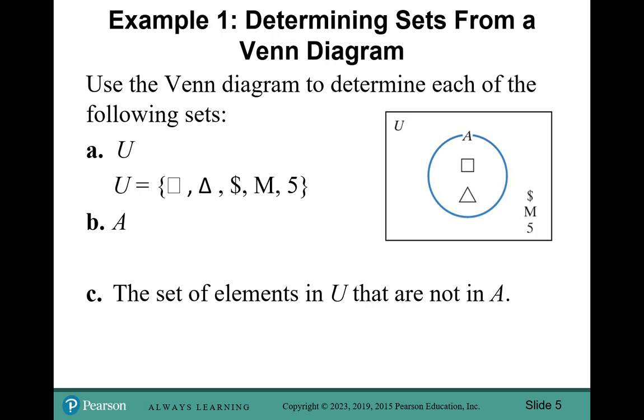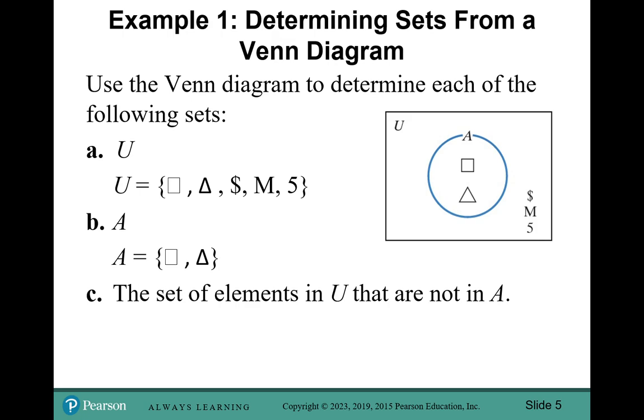So the universal set U here is once again the square, the triangle, the $ sign, the M, and the 5. The set A, which is a smaller set within the universal set, contains the two elements, the square and the triangle.